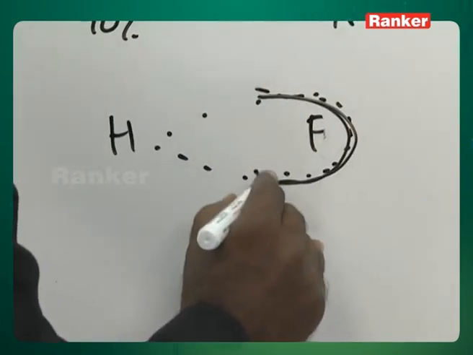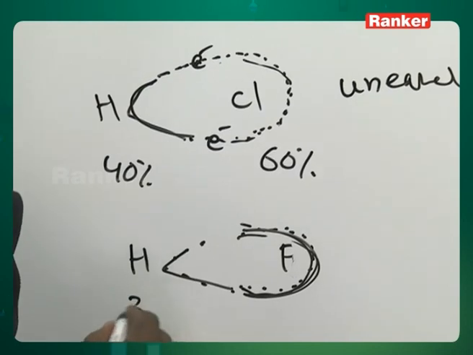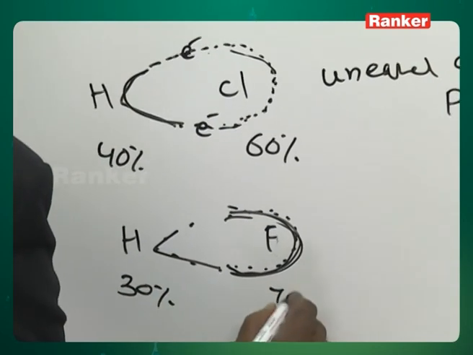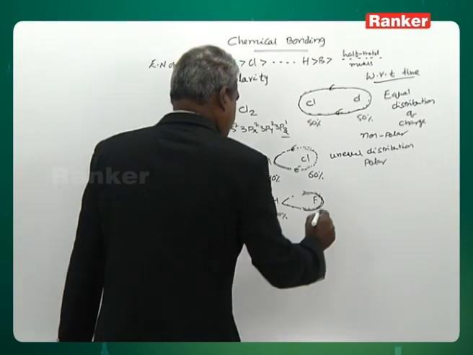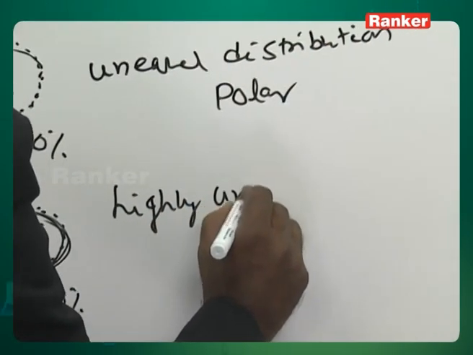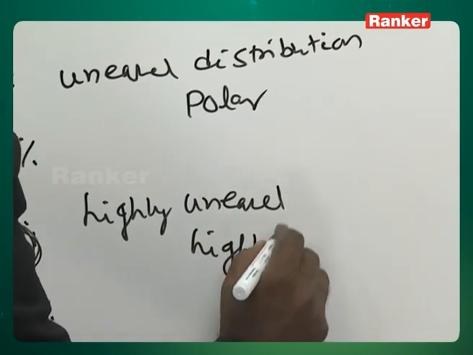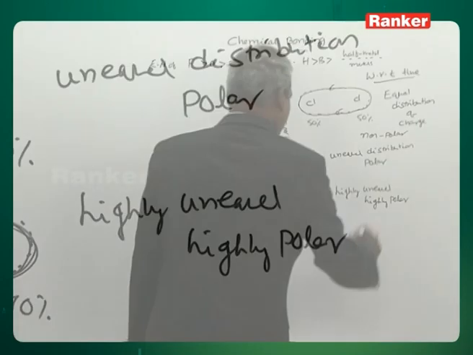So, you can say it is 30%, 70%. This is highly unequal distribution of charge. This is a highly polar covalent bond.